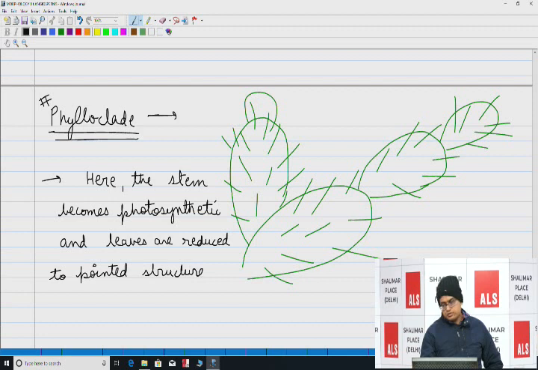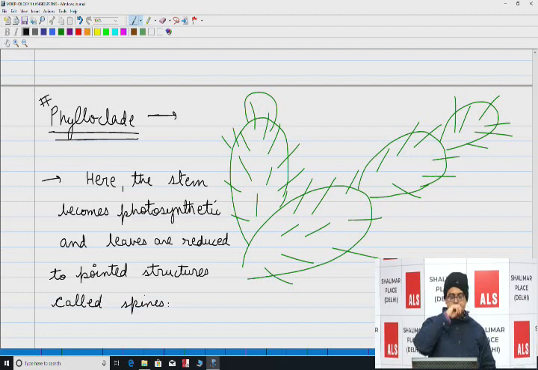Pointed structures called spines. This adaptation is to prevent the loss of water due to transpiration. Leaf is modified into spines.